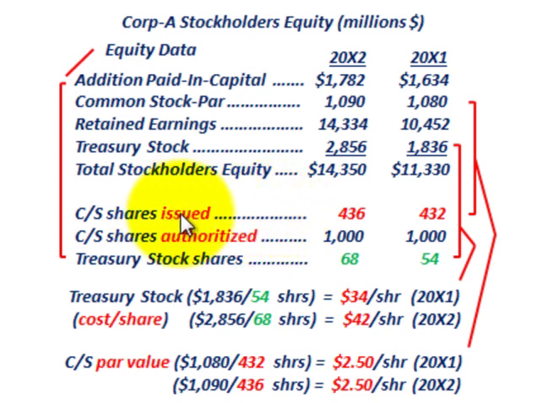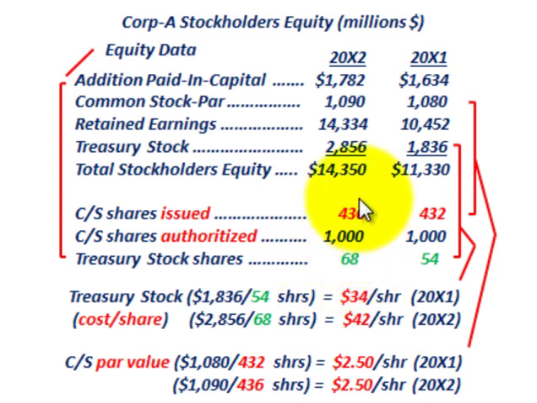We want to understand the common stock number of shares issued. Those are the total number of shares that the company issued in common stock, but they also include the treasury stock shares that the company bought back.